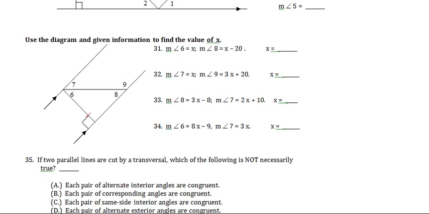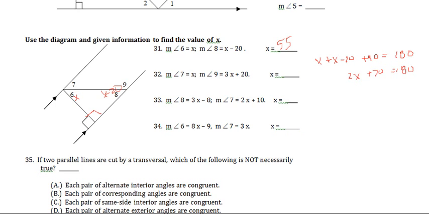If this is a 90 degree angle, and this is x, and this is x minus 20, I know that the three angles have to add up to 180 degrees, which is going to give me 2x plus 70 equals 180, which is going to give me 2x equals 110. 110 divided by 2 means that x has to equal 55 that we have right here.